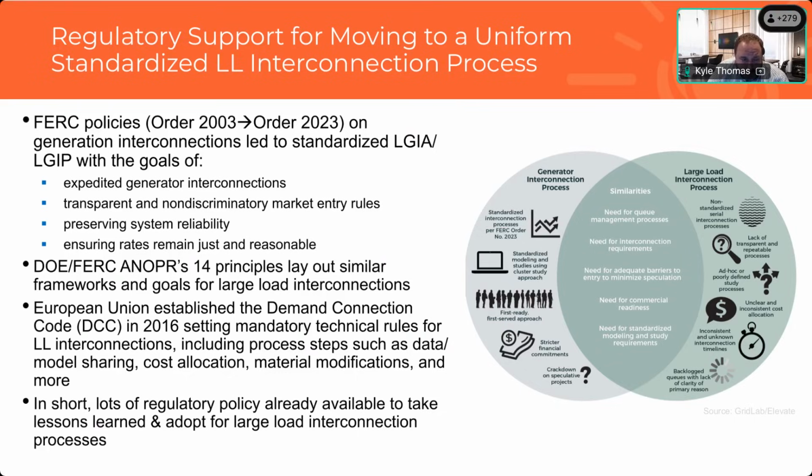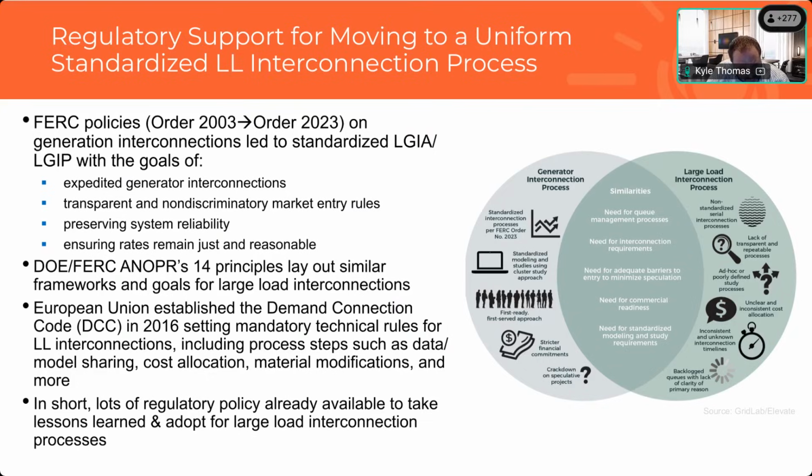We will see what comes out of this, but of course, one of the largest things from last year was the DOE letter and the FERC ANOPR on large load interconnections with the 14 principles. If you look at those and read through them, there are many similar frameworks and goals for large load interconnections that are laid out in FERC Order 2003 to 2023 on the generation side. So there are some things we can learn and maybe adopt from the LGIA and LGIP process for large loads.